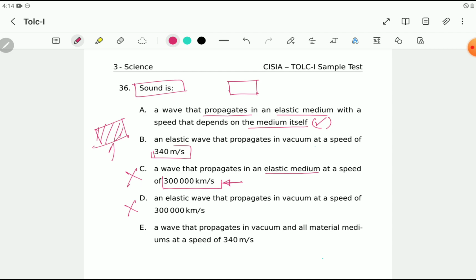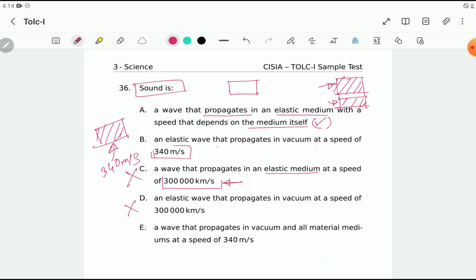In that case the speed is 340 meter per second, but it depends on the type of medium. For example, if it is iron or water, then the sound would propagate faster in iron. Okay, in water it would be less than iron but higher than in air. So this seems correct.